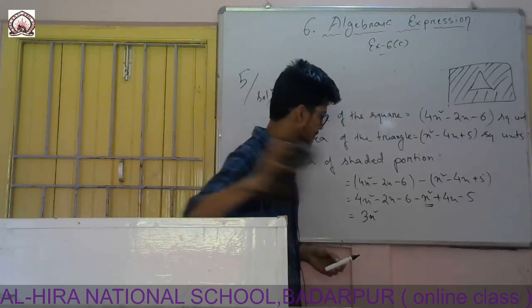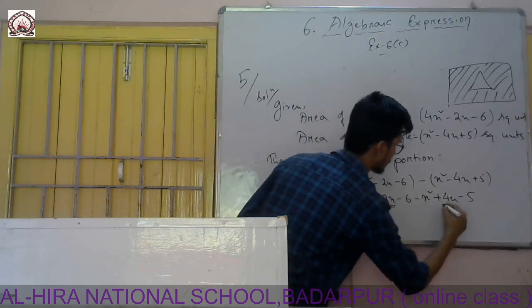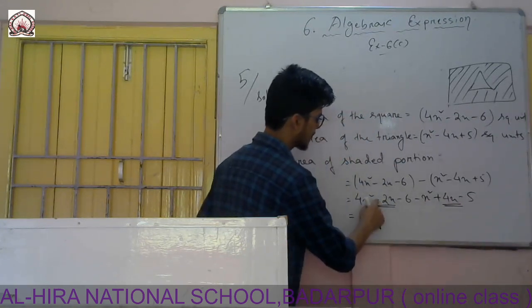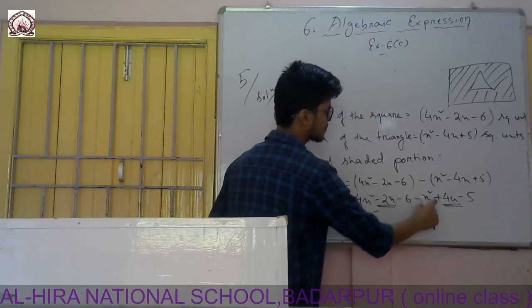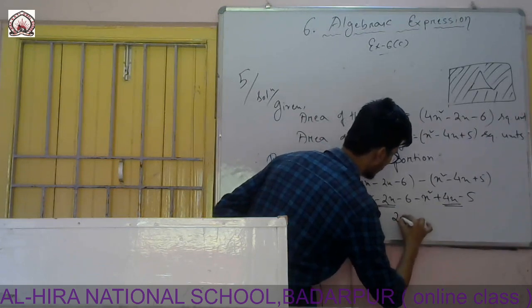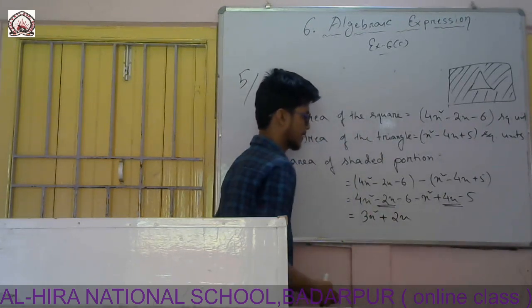Now minus 2x plus 4x, 4 minus 2 is 2, variable will be x, and since 4 is greater, I will put plus sign.